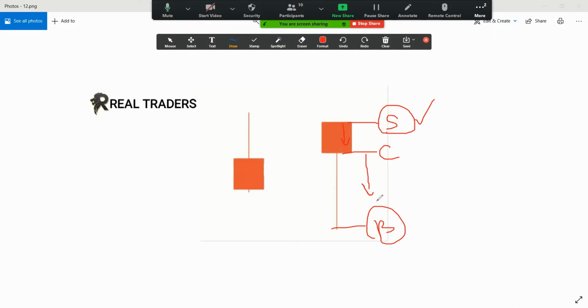So here we can expect sellers to enter. The psychology of this candle is that the sellers will enter after this candle. Why? Because this closing point is near the sellers' area.